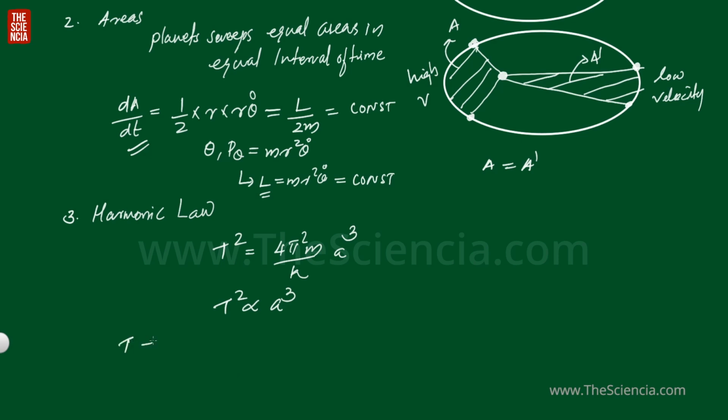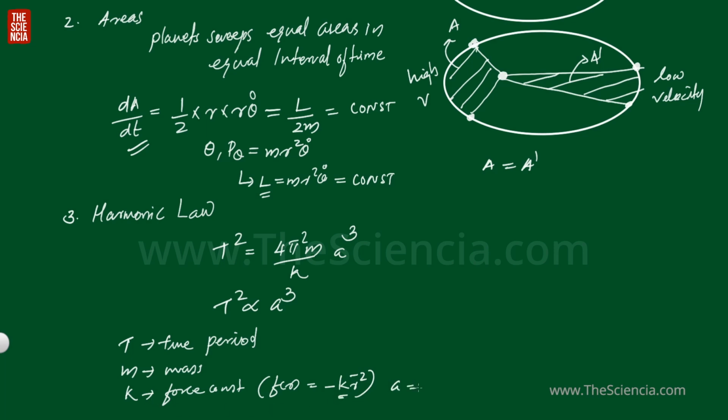Here T is time period, m is mass of the particle or mass of the planet, k is force constant, that is, we know gravitational force F of r equal to minus k r raised to minus 2. So this constant is this one, and a is the semi-major axis.